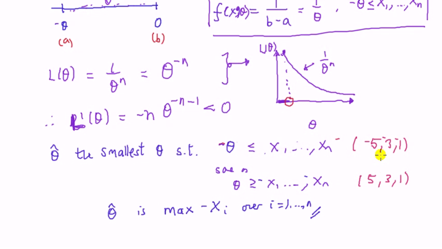What would the solution be right here then? The solution would be 5. That's the maximum here. If I pick the smallest, 1, then theta is not bigger than 3 and 5. If I picked 3, then 3 is not bigger than 5. So that's the answer.